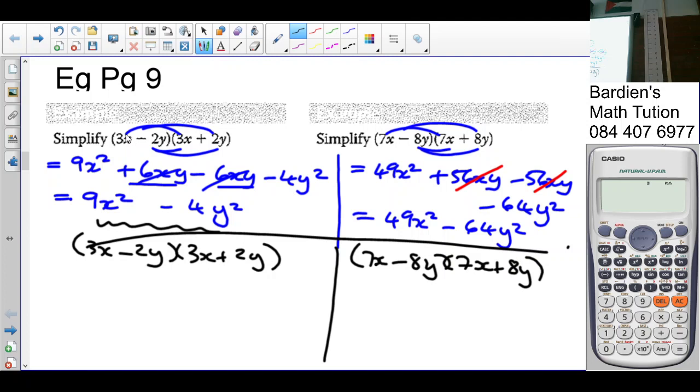That's the only difference there. Whenever that is the case and I'm multiplying, I can multiply the first and the last. So 3x times 3x, 9x squared. Negative 2y times positive 2y is negative 4y squared. One step.